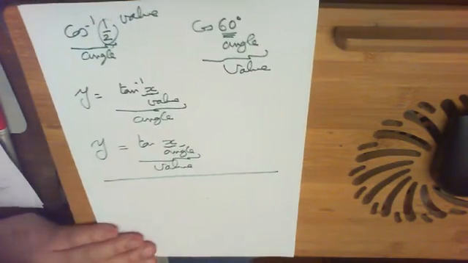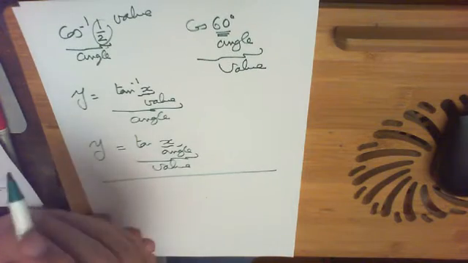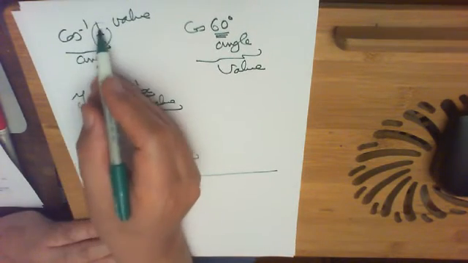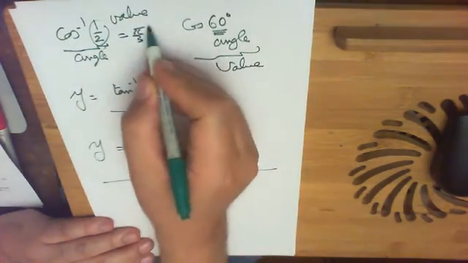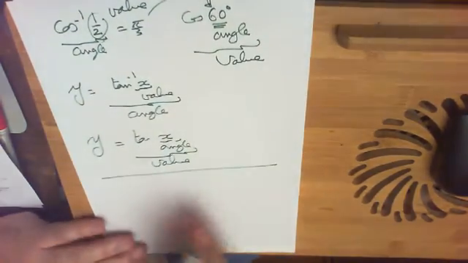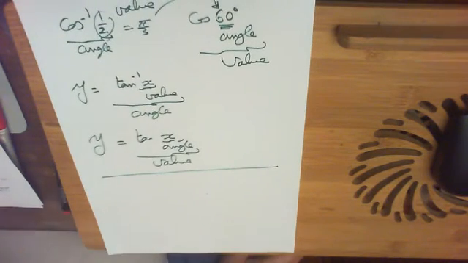Now, what is cosine minus 1 of half, without a calculator? What is the angle whose cosine is half? It is pi by 3 or 60 degrees. Someone may ask why it is not minus 60 degrees.